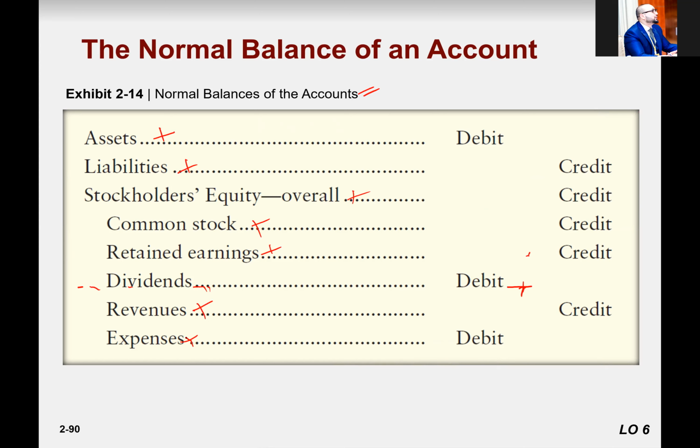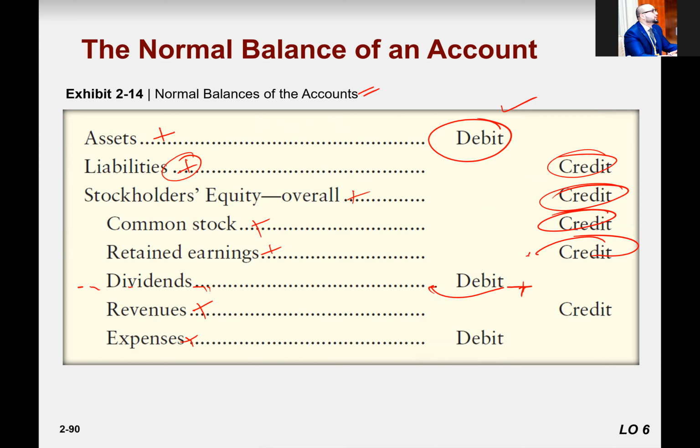So normal balance, if the question is silent about the balance, assume that this is a plus balance, which means debit. The normal balance of liabilities is a plus sign, which is credit. Normal balance of stockholder equity, credit. Common stock credit, retained earnings credit. The normal balance of dividend is also plus, which is debit.